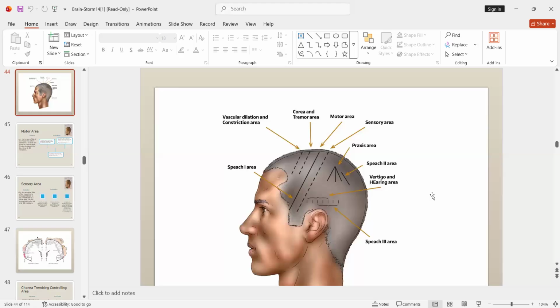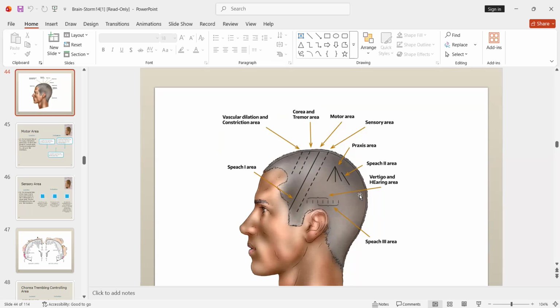How to locate the motor area, how to locate the sensory area, the praxis area, the speech area, speech area 3, the hearing and vertigo area, then the tremor area and the vascular dilation and contraction area. Anyone who wants to tell, please. Yes, I can try. Okay, good. Tell.